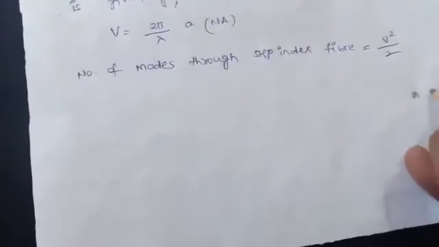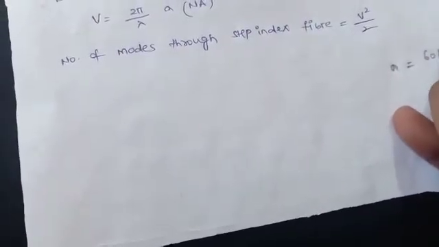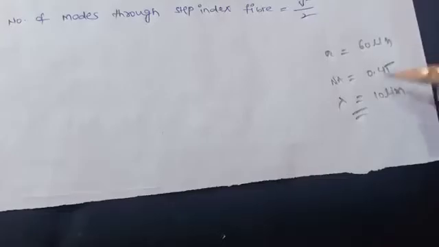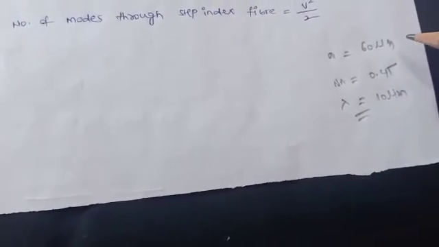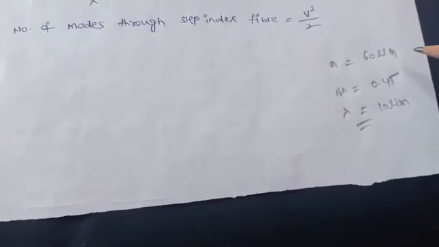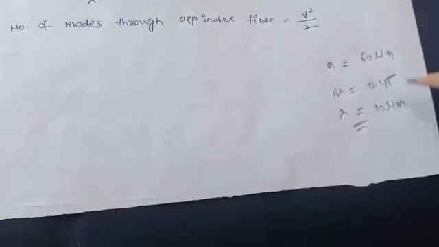For example, if the radius of core is 60 micrometers and the numerical aperture is 0.45 for light of wavelength 10 micrometers, then how many modes are possible for the optical fiber? By knowing these values, we can easily estimate how many modes are possible. That's why we can easily send the input signals in that way.